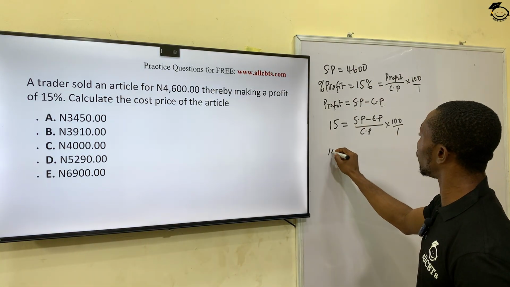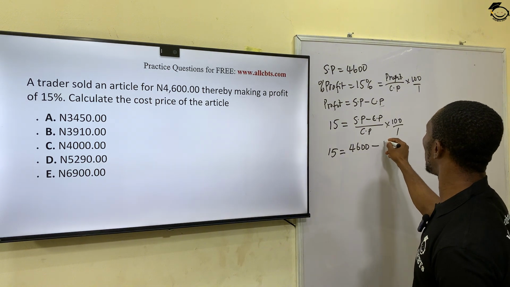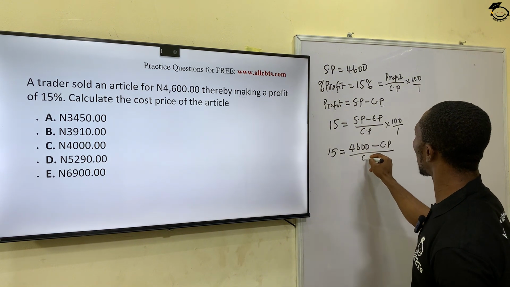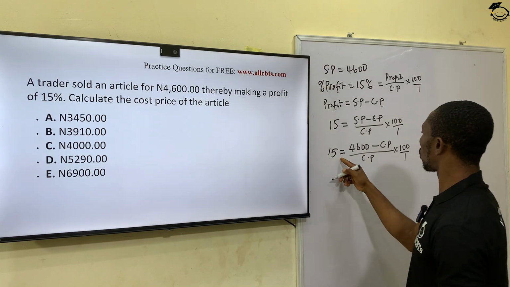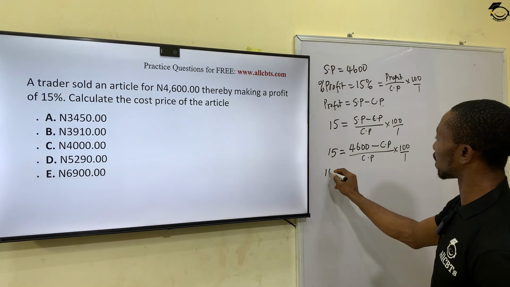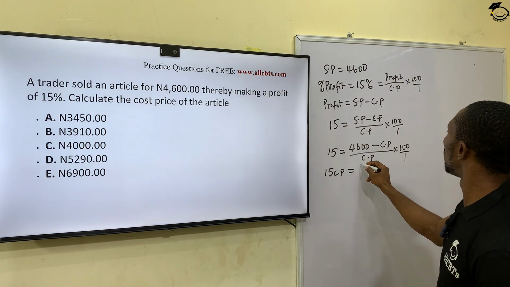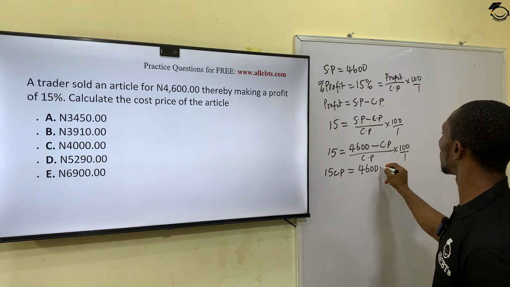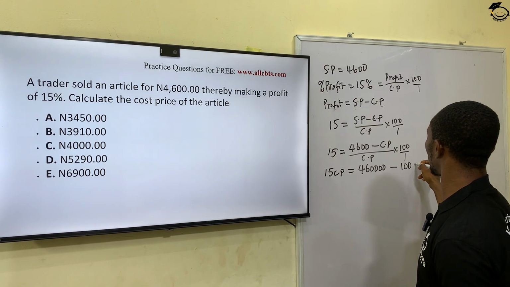So this becomes 15 equals 4,600 minus cost price all over cost price times 100 over 1. Cross multiplying, we would have 15 times cost price equals 4,600 times 100 minus 100 times cost price.